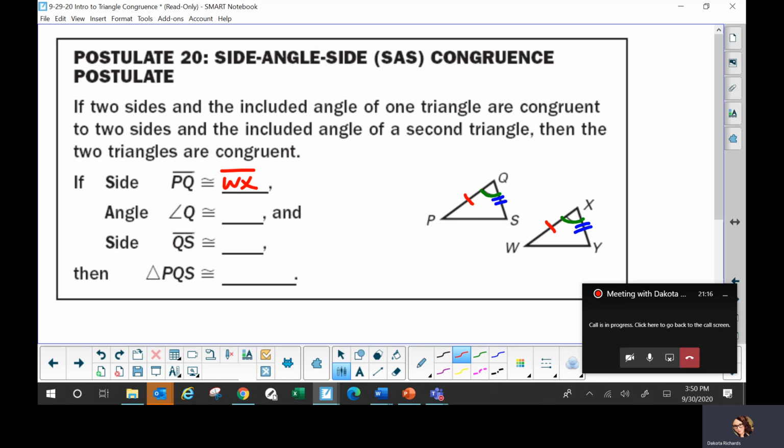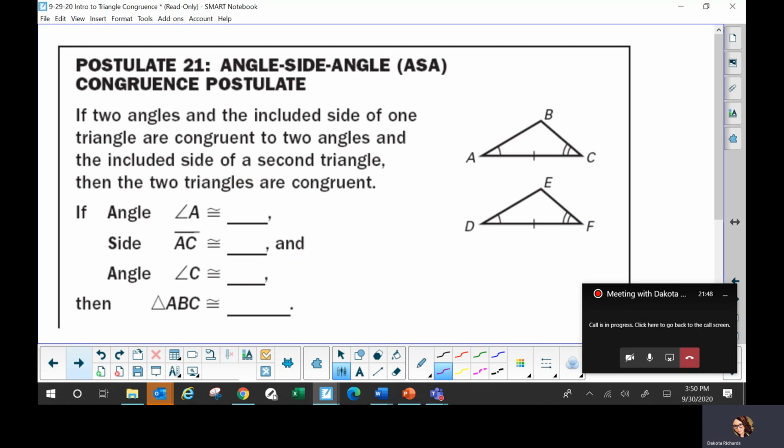And those are segments. Angle Q is congruent to angle X. And finally, segment QS is congruent to segment XY. So therefore, triangle PQS, go in that order, is congruent to triangle WXY.